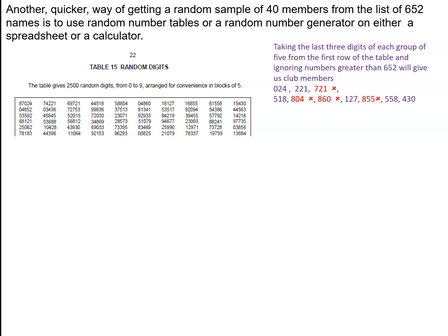And we can go on along that process all the way along that top row. So the first row of the random digits table gave us the first 6 members of the sample, and we had to throw away 4 of the numbers because they were bigger than 652.